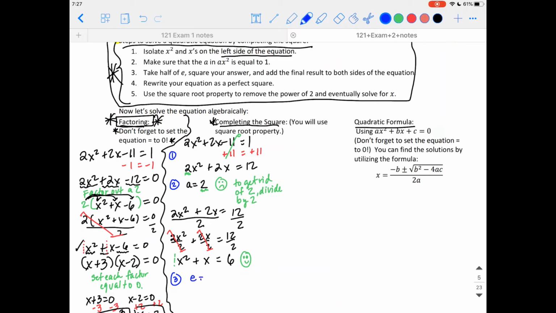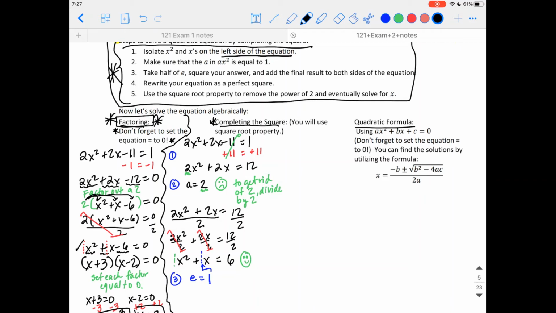My e is equal to 1. Now, which one am I talking about? Remember that the e is the number in front of not the x squared, but just the x. So here I have an understood 1. Okay, so my e is equal to 1.